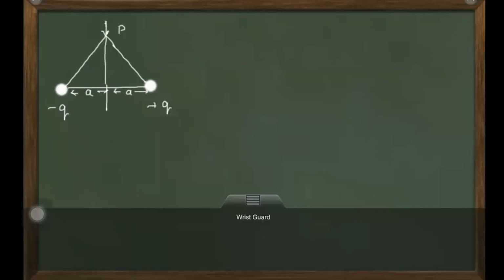Okay, so the negative q charge will have an electric field towards it. Say this is E1.